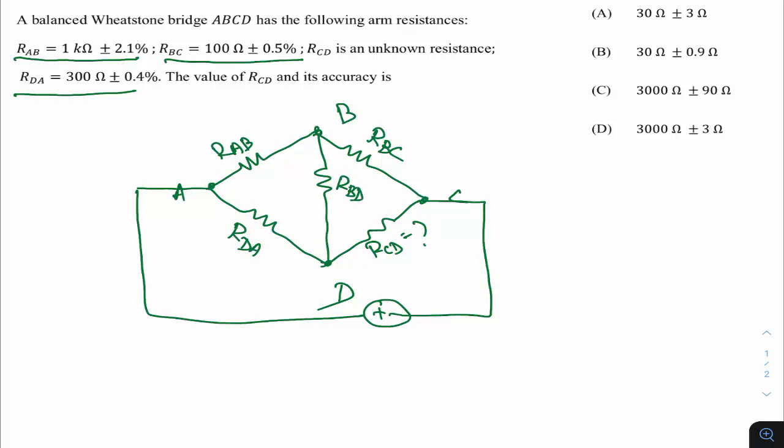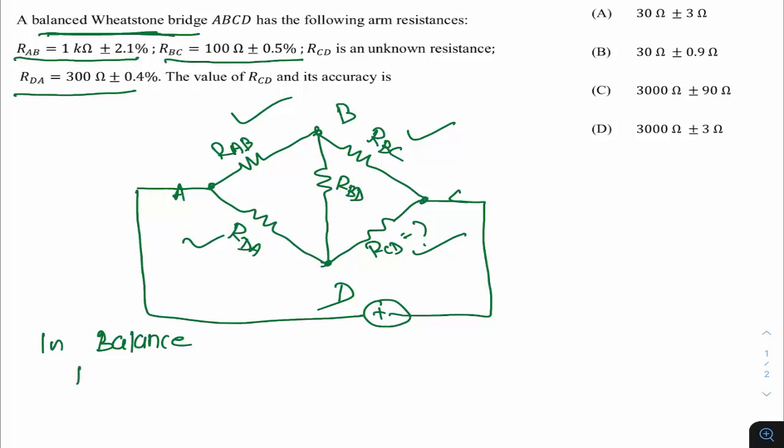But clearly it is given that it's a balanced Wheatstone bridge. Okay, the bridge is balanced, and in the balanced condition you know the criterion: the product of opposite arms is the same.